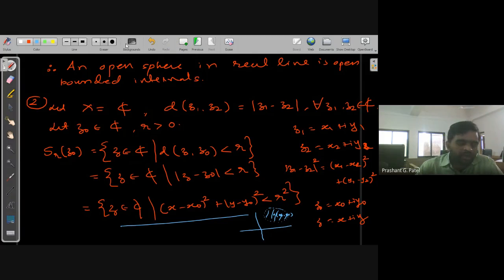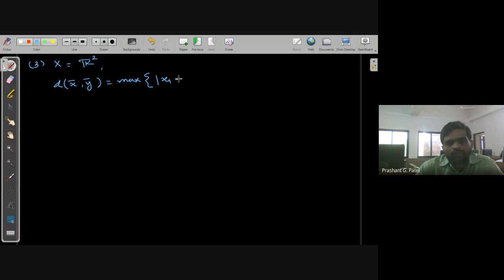Fine, let's take another example. Third one. Let us consider X equal to R square, and the distance between x bar and y bar as points of R square, we define as the maximum of mod of x1 minus y1, mod of x2 minus y2, where x bar is equal to (x1, x2) and y bar is equal to (y1, y2) belong to R square.